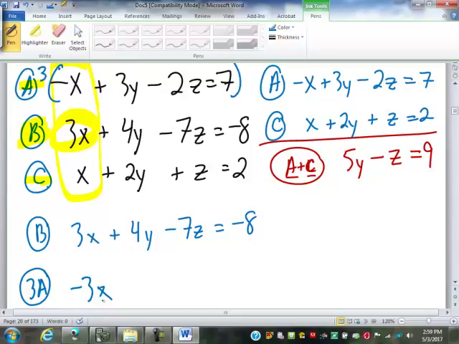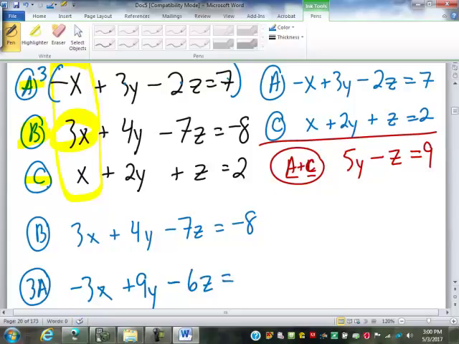3 times the negative x is the negative 3x. What's 3 times 3y? Positive 9y. Good. 3 times my negative 2z is negative 6z.